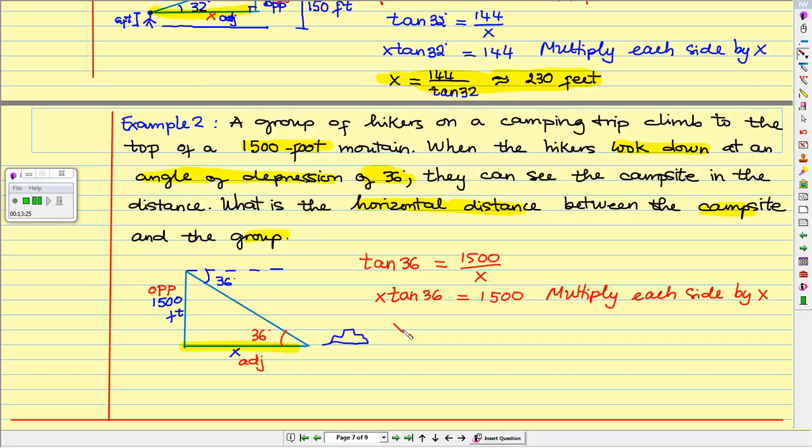Next, we divide each side by tangent of 36, so x equals 1,500 divided by tangent of 36.